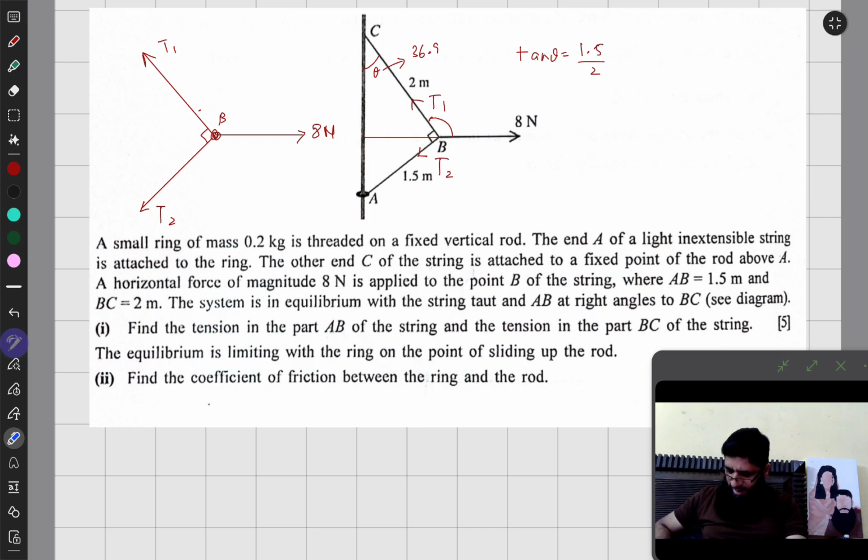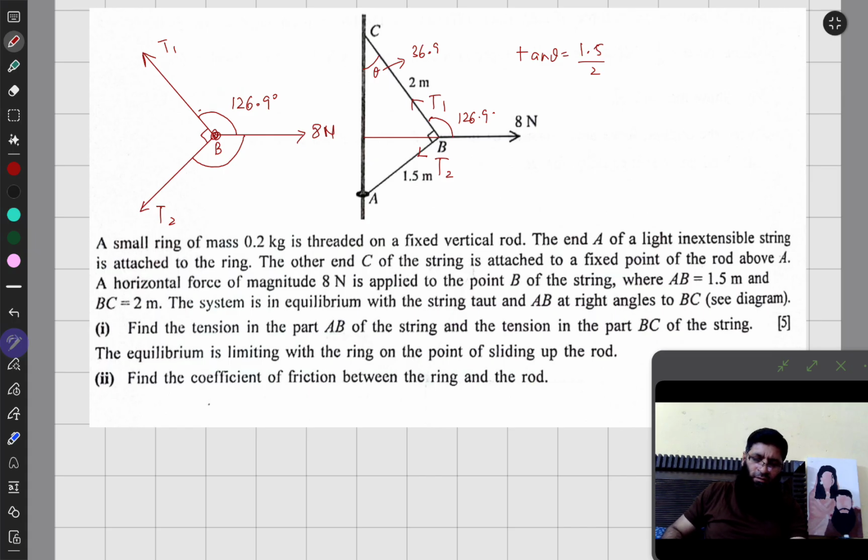So if you add 90 to this angle, you will have 126.8 or 126.9. This angle will become 126.9. So at point B, you have this angle 126.9.